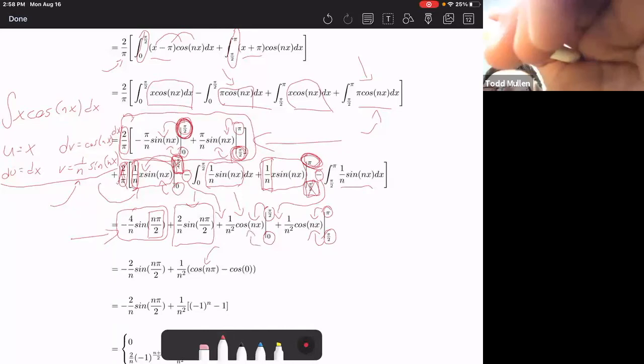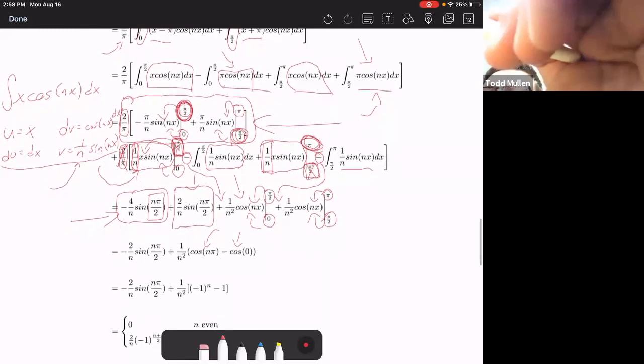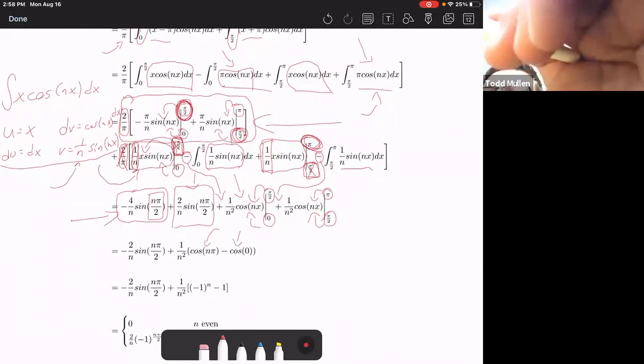And here we get 1 over n squared cos of 0. Notice how these two combined to just leave us with negative 2 over n sine n pi.